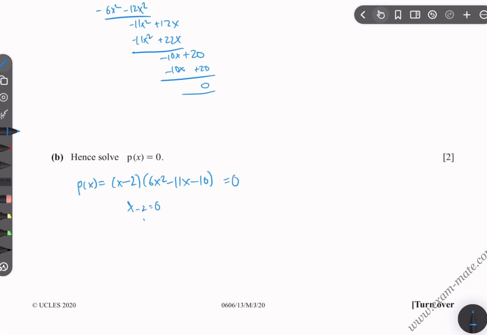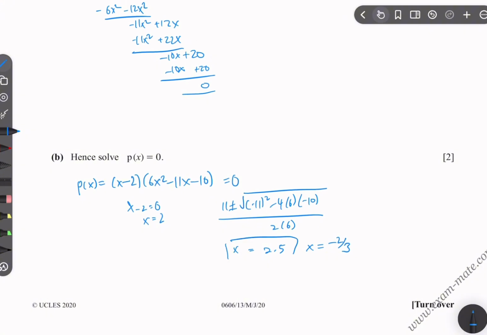So x minus 2 equals 0, x is equal to 2, and then we can use the quadratic formula for this. Or you can just factorize, and you should be getting this x value.